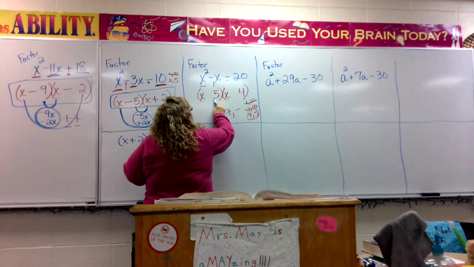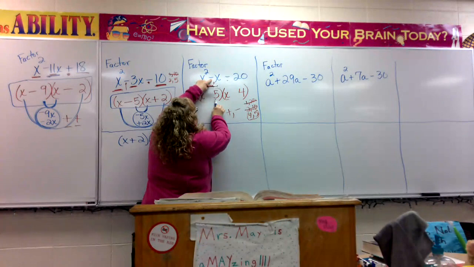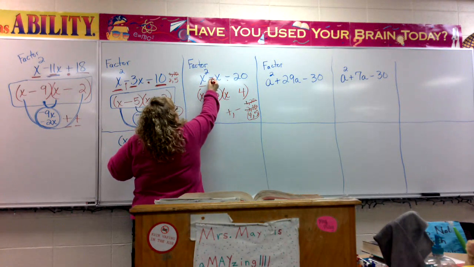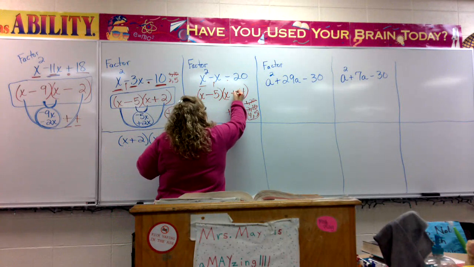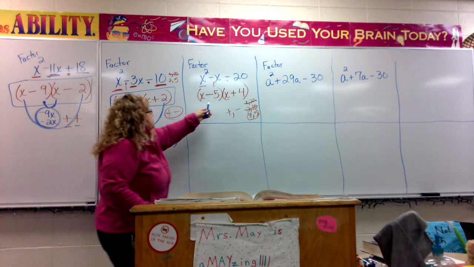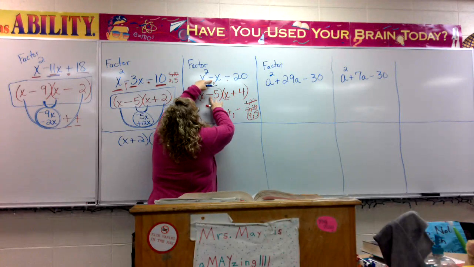What's bigger, 5 or 4? 5 is bigger. And then you look in the middle right there. Whatever that one is, the big value gets. So 5 is bigger, it's going to get the negative. 4 is smaller, it'll get the other one. Does that make sense? You look to see which of these is bigger. Whatever is in the middle, the big one gets.